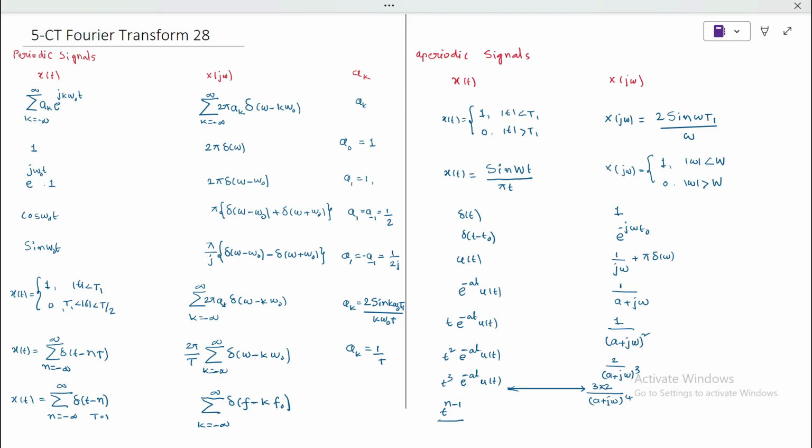Here I'm writing on the left side: t power n minus 1 over n minus 1 factorial into e power minus at into u of t, its Fourier transform equals 1 by a plus j omega to the power of n. It's better to write these arrows.